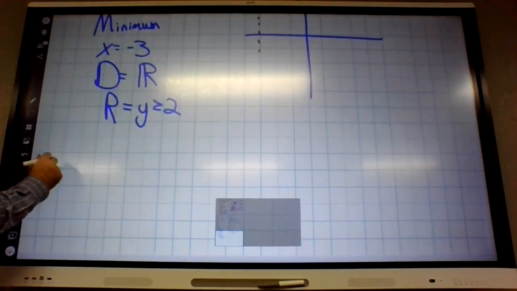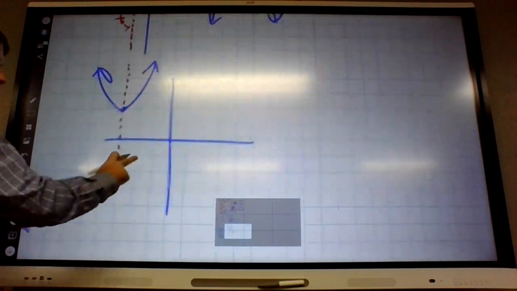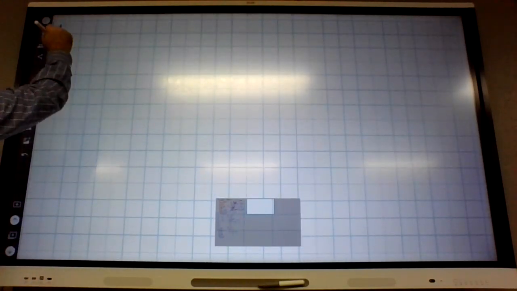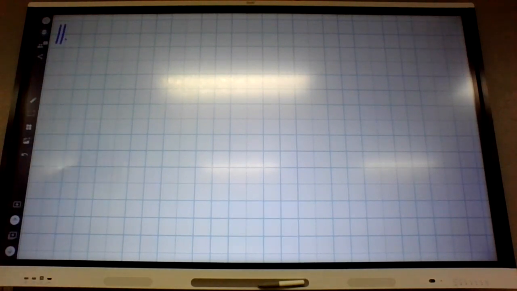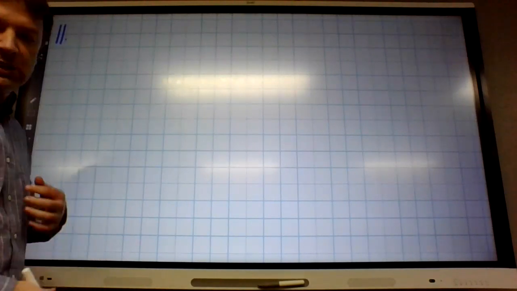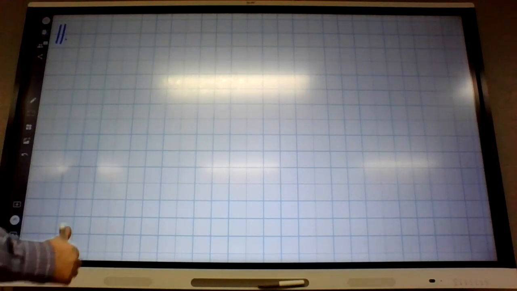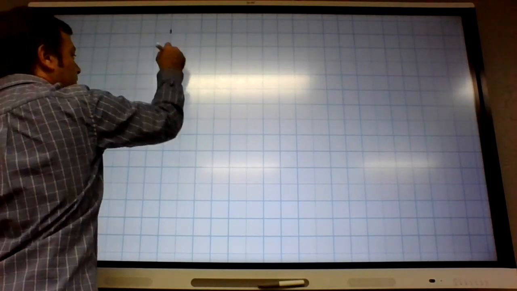Alright, number 11. Okay, where is the vertex on number 11? 2 what? Oh, that's number 10. 2, -1.